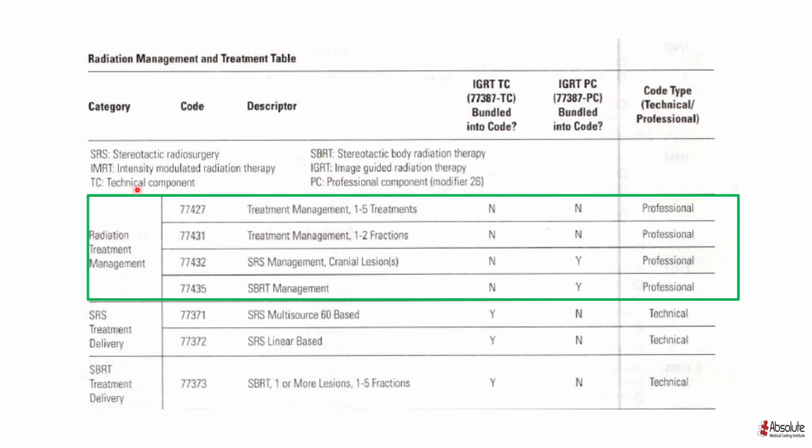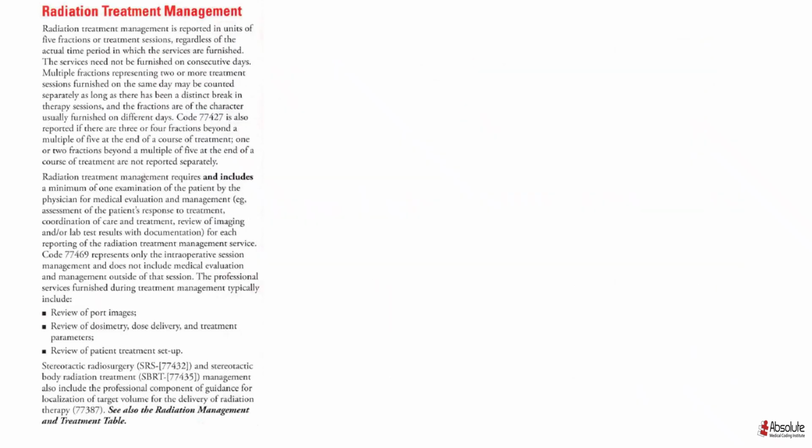They're telling you the code to use, 77427. 77431 if it's 1 to 2 fractions, and 77432 and 35. This is okay. This is okay. And I'm going to show you why this chart is just okay because it doesn't consider the guidelines.